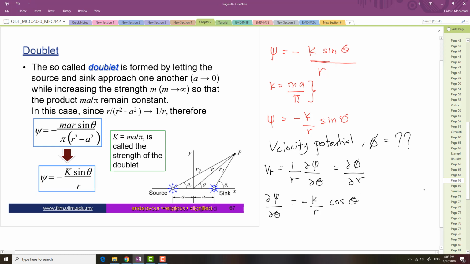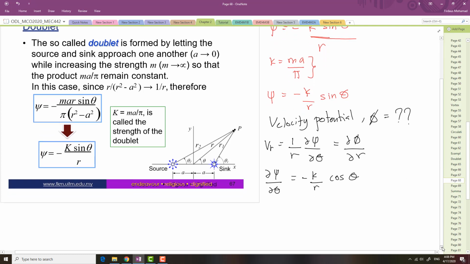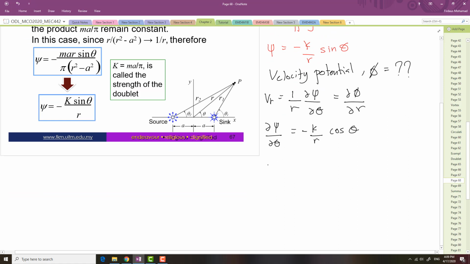Okay, so now you get d psi over d theta. So Vr is equal to 1 over r d psi over d theta, equal to negative k over r square cos theta.